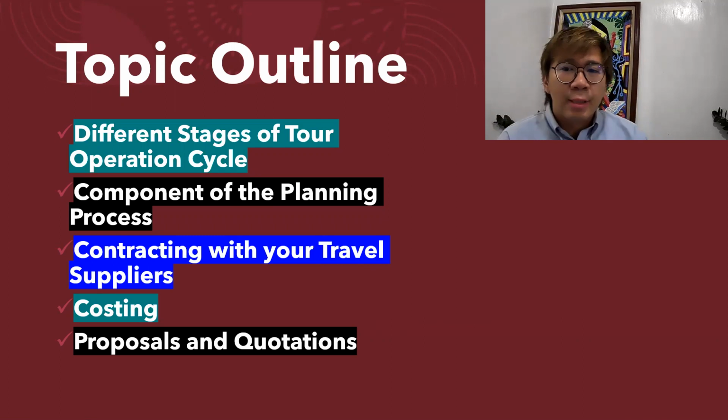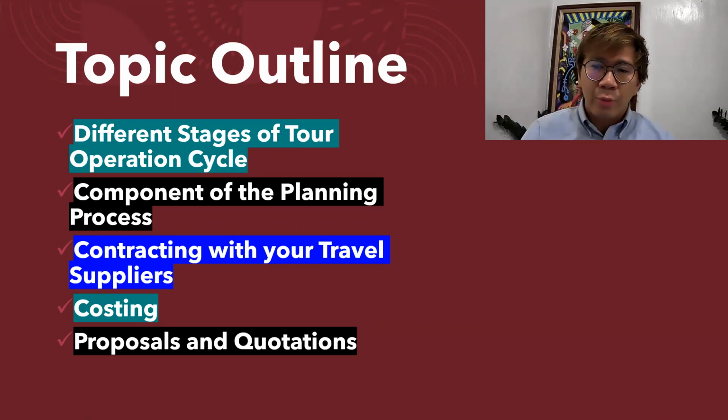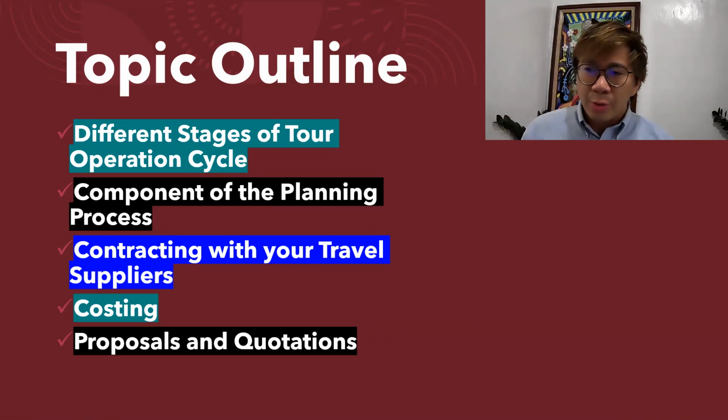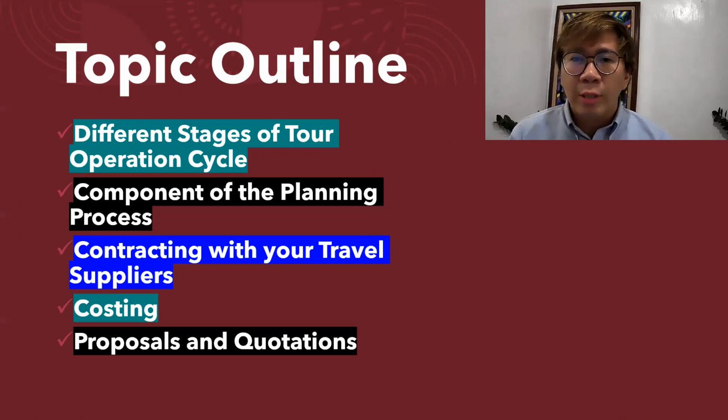So next is costing. Costing is the bare bones of this operation, because it is so important that we have to emphasize it in one more lesson. In this lesson, we're going to discuss the costing commonly practiced for the outbound tour operator.